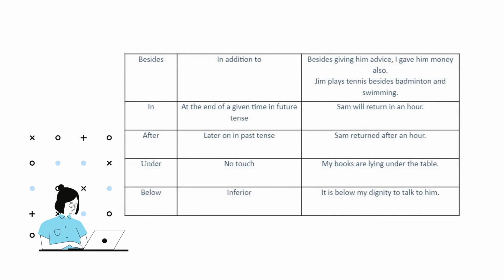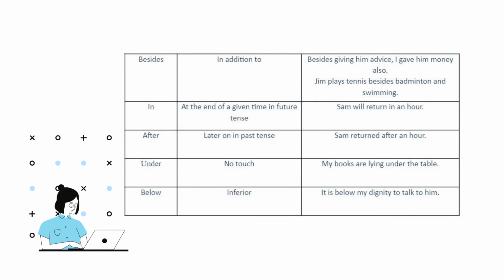The next is under. It is used when something is below the other thing and there is no contact between them. That is, there is no touch with two objects or two things. The example for it is, my books are lying under the table. Here, there is no contact between books and the table.